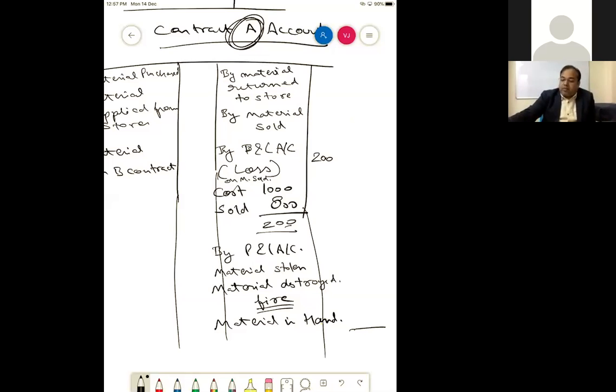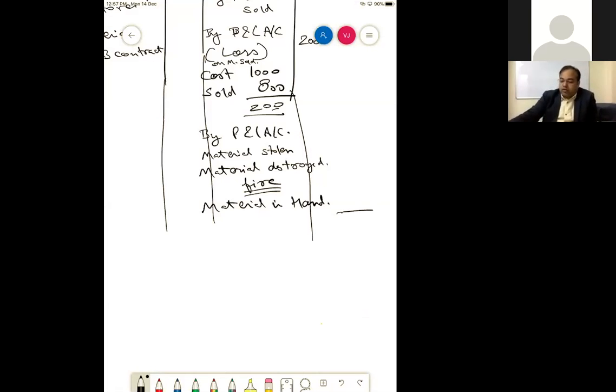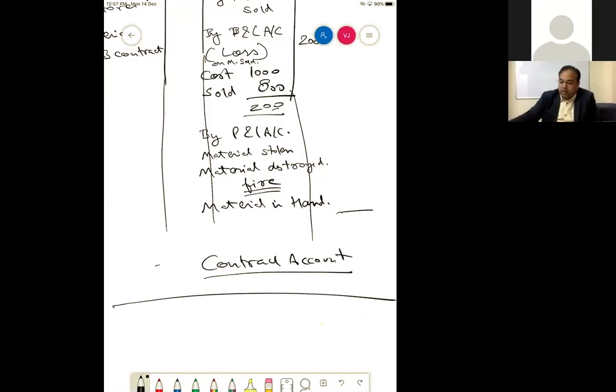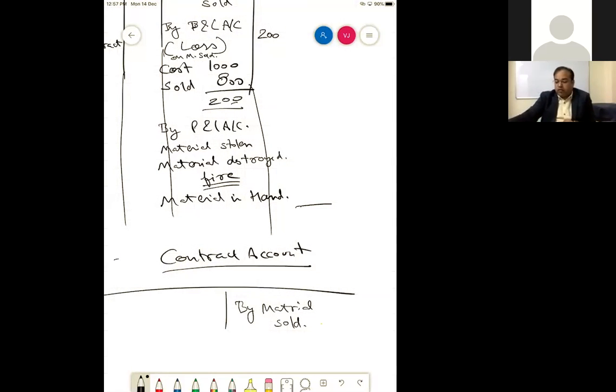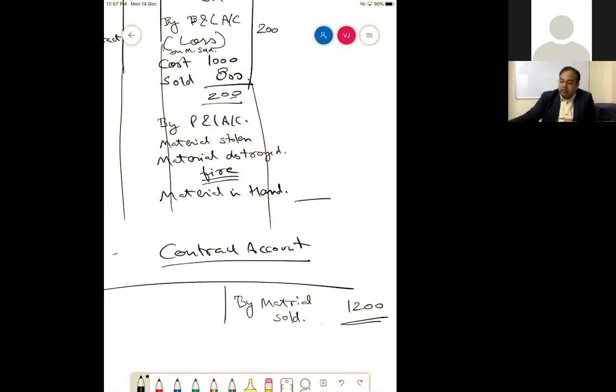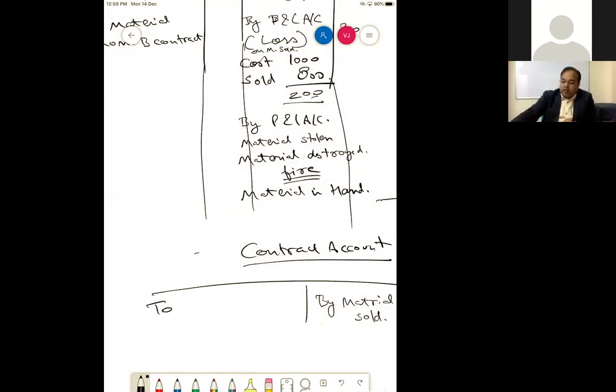Then whatever material is being sold, suppose you transfer it to PL account. Now you make another contract account in which if any material is sold, that is "by material sold" rupees 1200. If on this material your 1000 is your cost and 200 is your profit, so you show it on your left hand side, that is "to PL account".